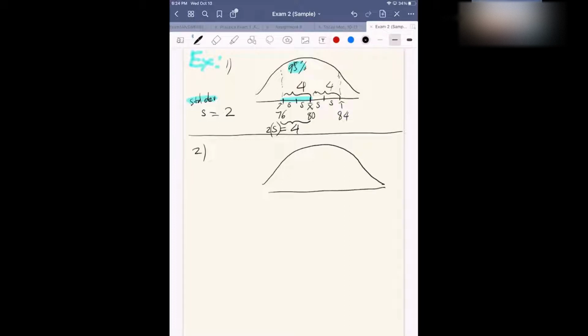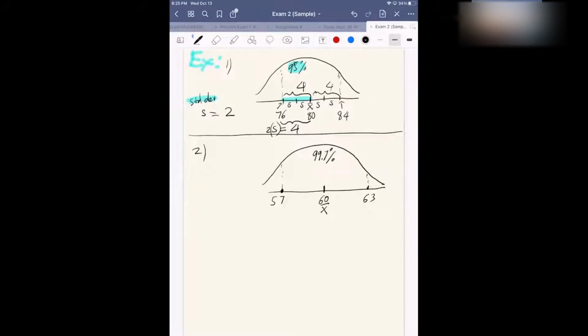All right, I'm going to give you the mean to be 60. This is the mean. And then I'm going to give you this number, 57, and then this is 63, and I'm going to give you the area of the middle section, which is 99.7%.